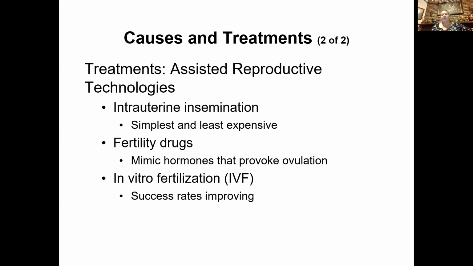So during that 24-hour window when it is most likely that the woman can become pregnant, she is artificially inseminated. In other words, a tube with sperm is put up there so that that sperm can easily get through the uterus and up into her fallopian tubes. So it's giving it a bit of a head start.